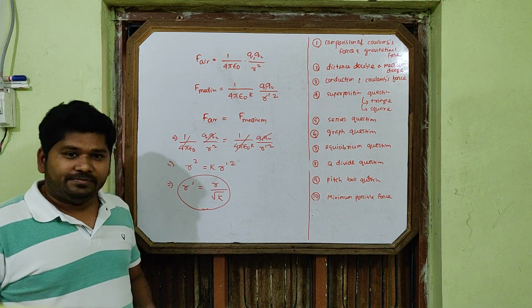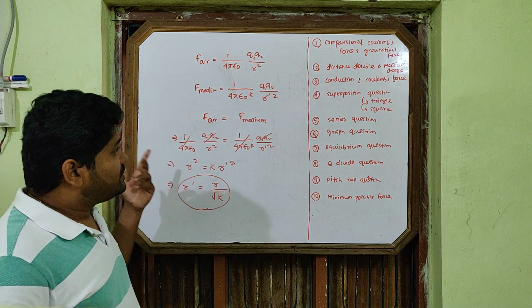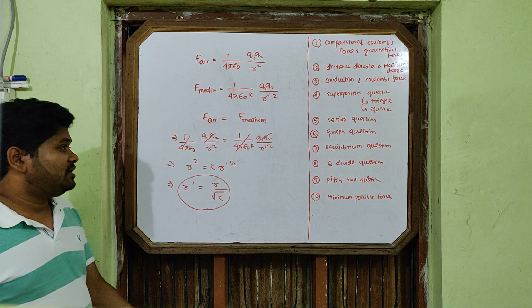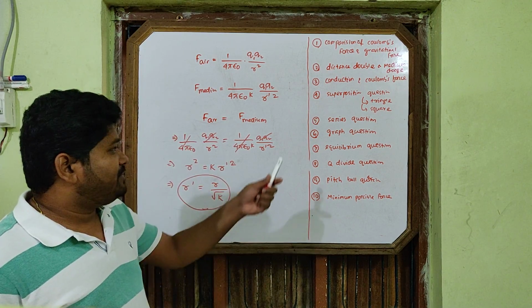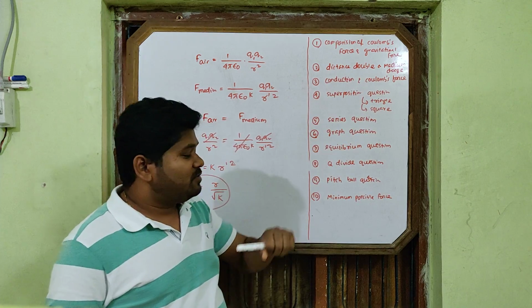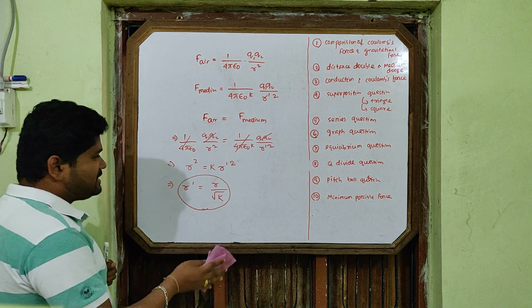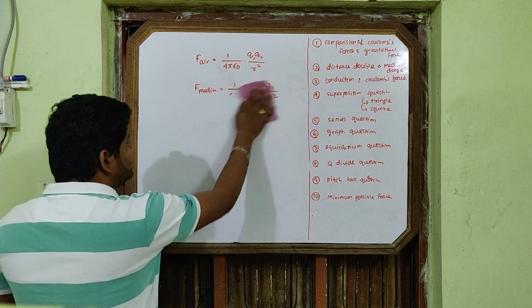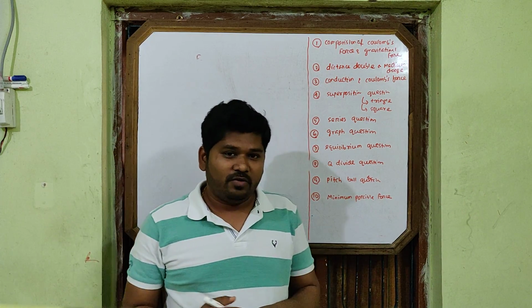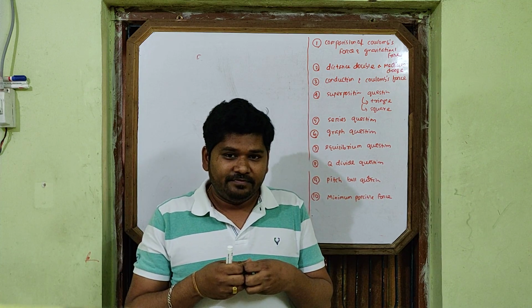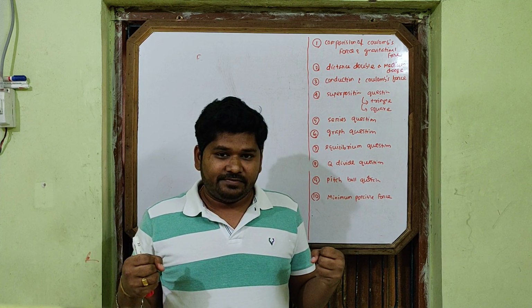Now you got it. So question number 2 is over. Now come to concept number 3: conduction and Coulomb's force. How will these questions come in the exam? The combo questions of conduction and Coulomb's force. I have told you, when two bodies come in contact, they become like charge.